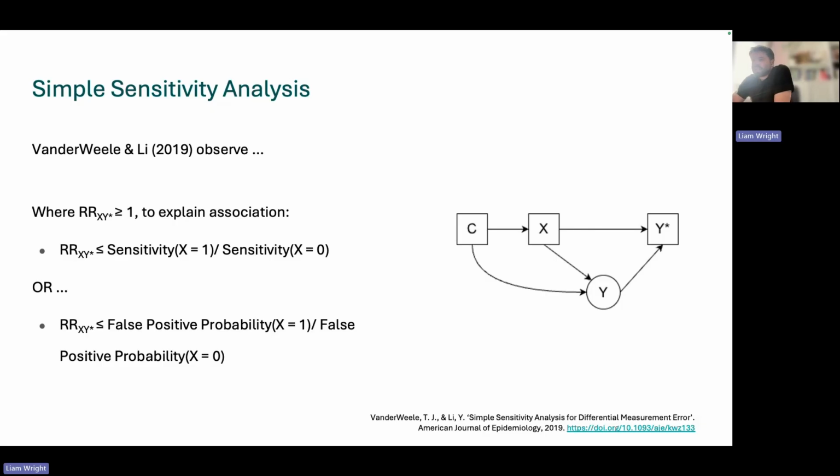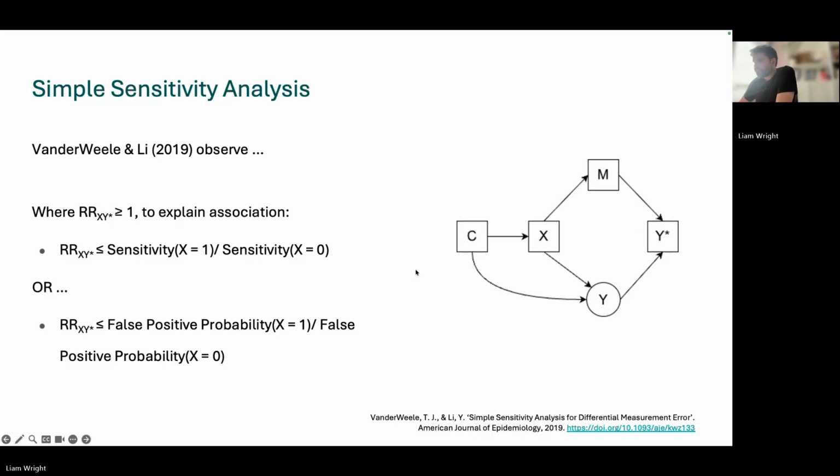Based on a DAG like this, Van der Wiel and Lee are able to conclude that if you have a positive association, a risk ratio above 1, between the exposure x and the measured variable y star, then to explain this association entirely, that observed risk ratio must be less than the ratio of sensitivities according to levels of x, or the ratio of false positive probabilities.